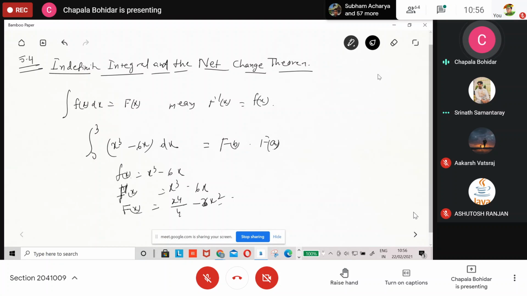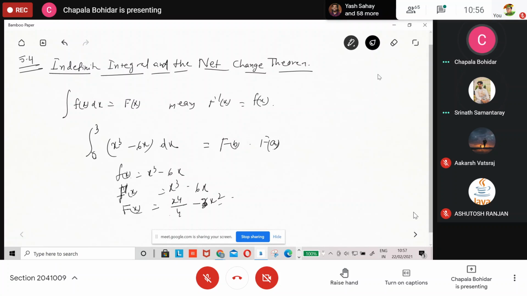Why? It is a definite integral, 0 to 3. Ma'am, x to the power 4 by 4 minus 3x square. Yes, I got it. So by putting this value, what do you write down for F of b? F of b is, ma'am, 81 by 4.